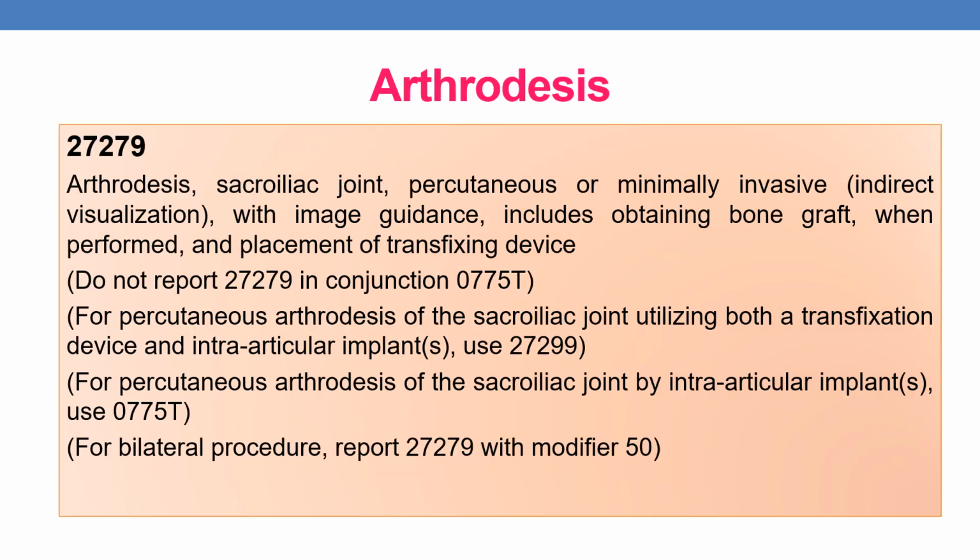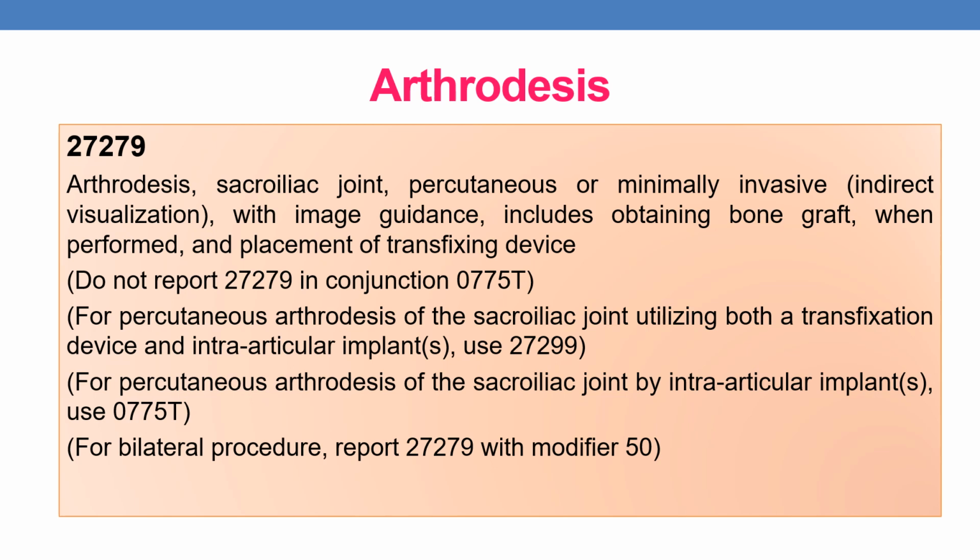The first CPT is 27279. It deals with arthrodesis, sacroiliac joint, percutaneous or minimally invasive, indirect visualization with image guidance including obtaining bone graft when performed and placement of transfixing device. And do not report 27279 in conjunction with 0775T.